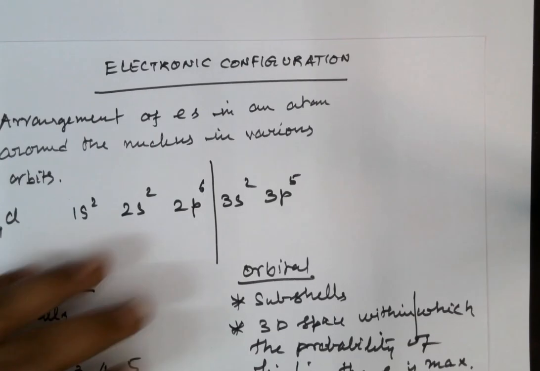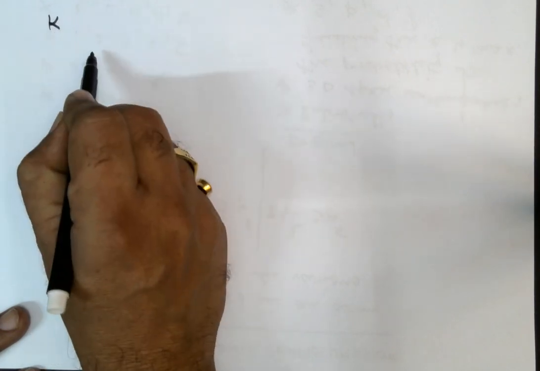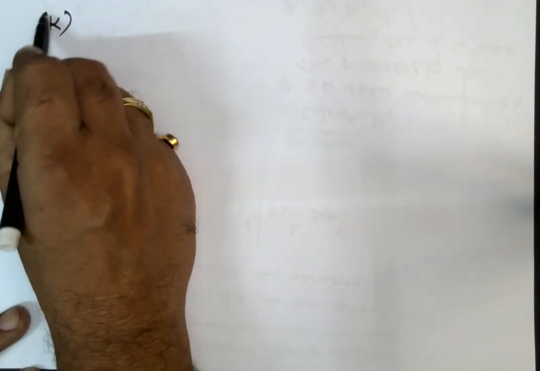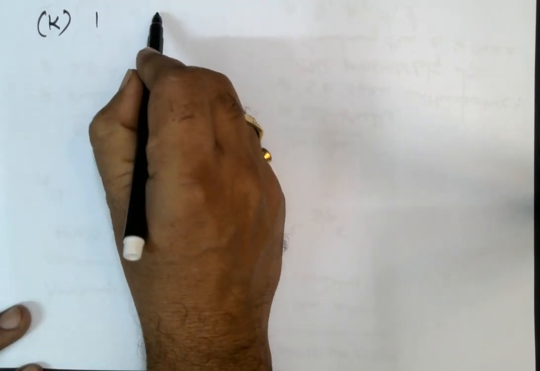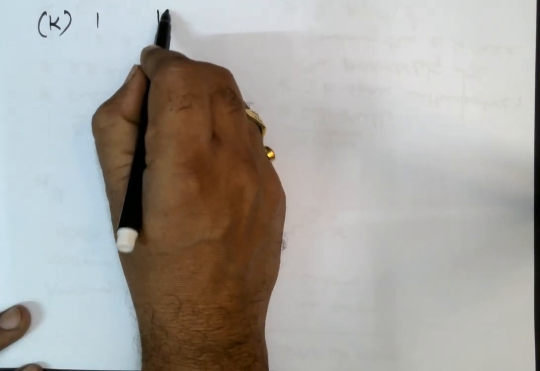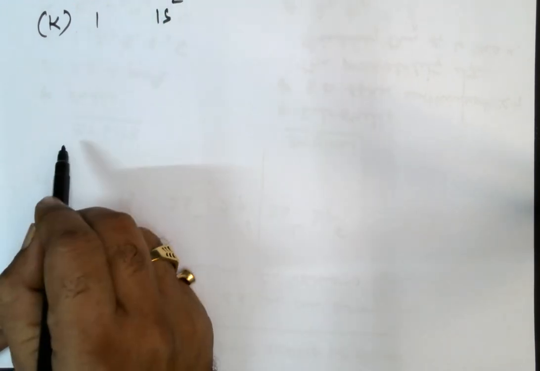In the first shell, that is K shell, we have only s orbital, so you can represent this by 1s2.